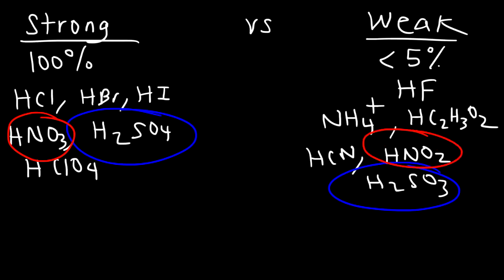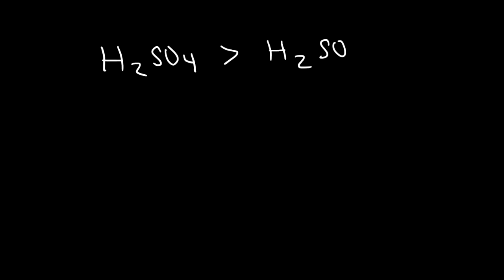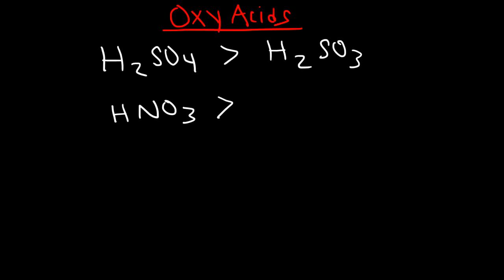What pattern do you see here? When dealing with oxyacids, the acid that has more oxygen atoms is the one that's going to be more acidic. So sulfuric acid is more acidic than sulfurous acid, and nitric acid is more acidic than nitrous acid.